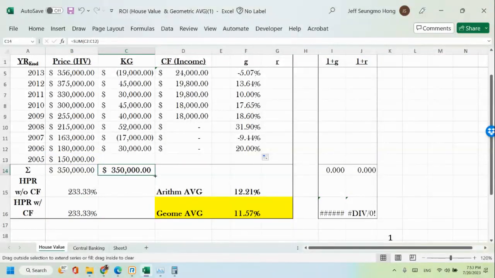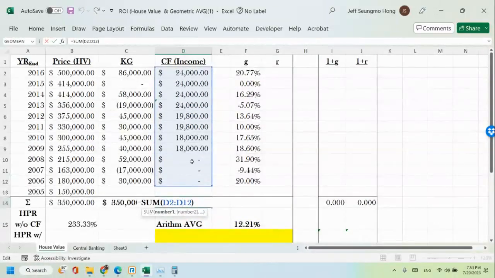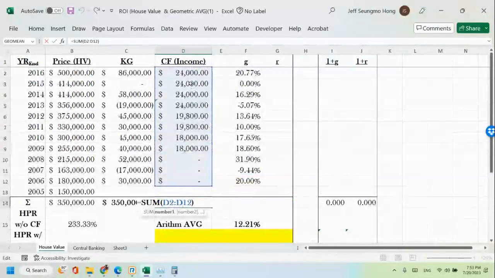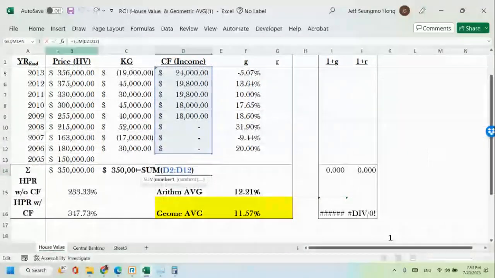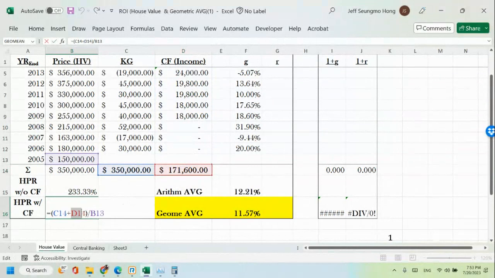But if I drag it to the right, the formula has been copied, summing up everything between D2 and D12. So then D14 has something there. So now you got 347.73%, which is the holding period return with cash flow.